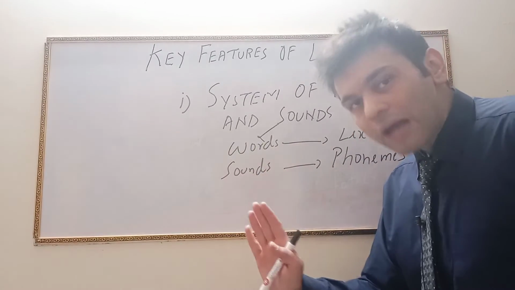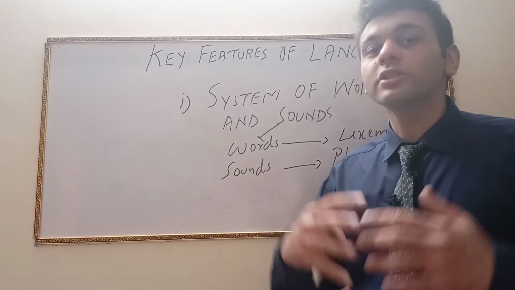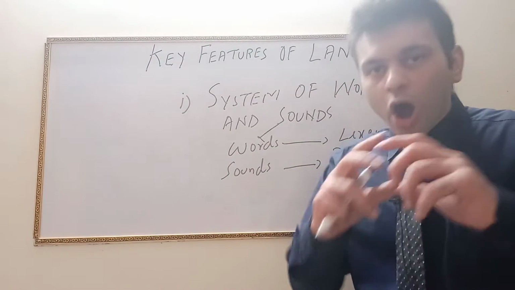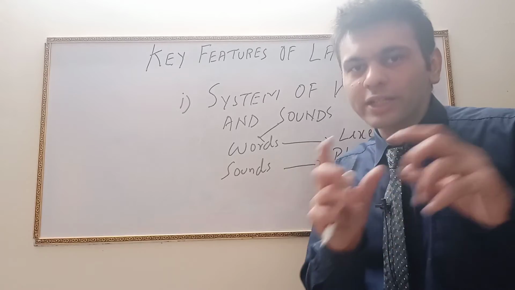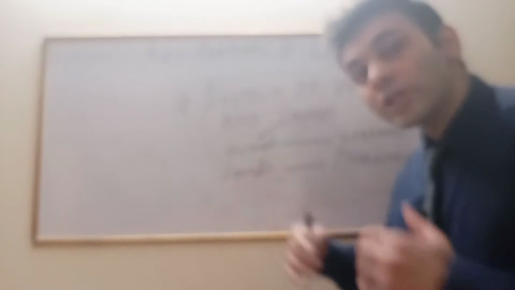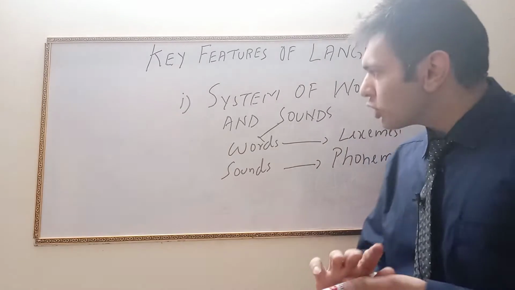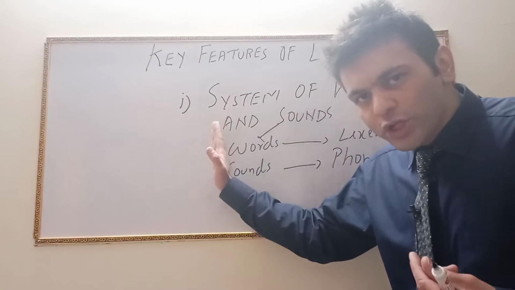Although sounds are meaningless, when you combine them with the help of certain rules and regulations typical to any language, you come up with different words that provide you with the concept and meaning. So that is the first feature of language.